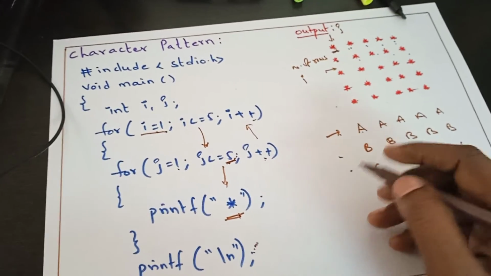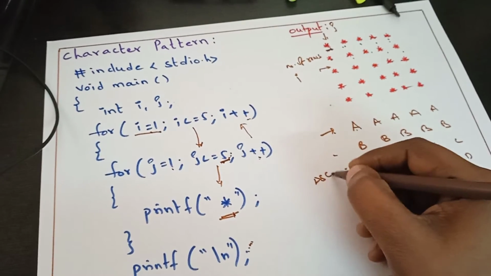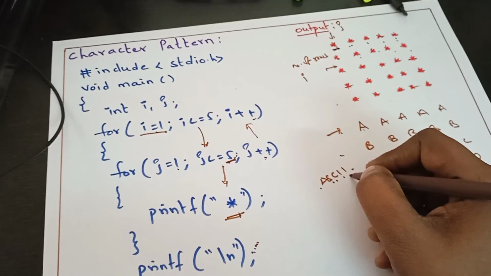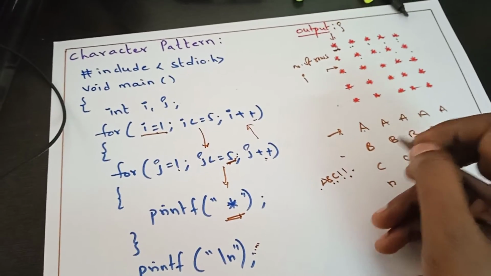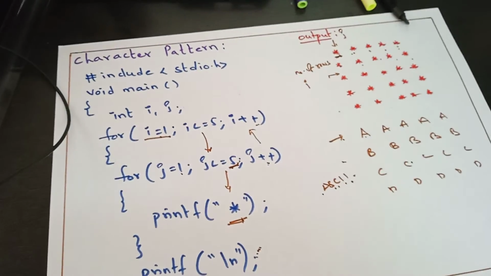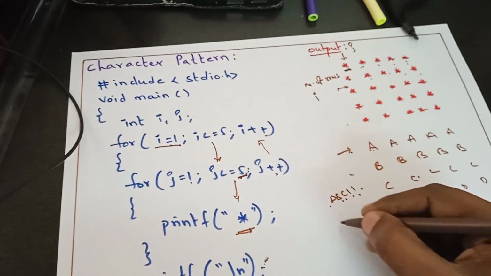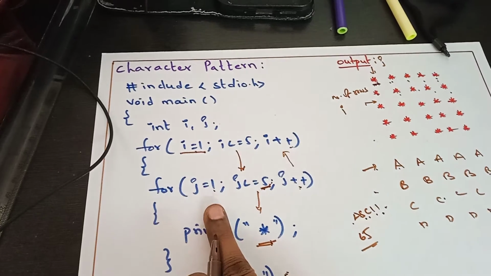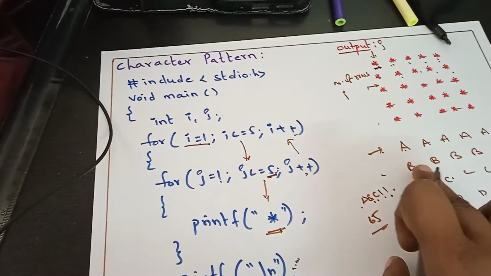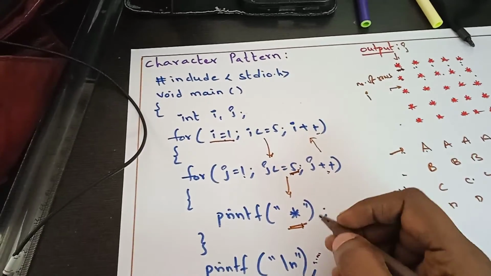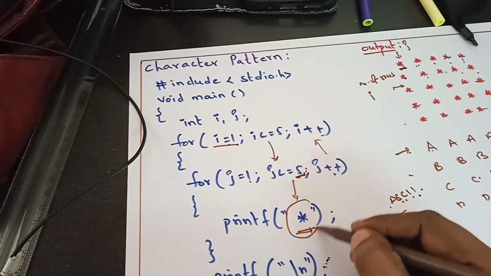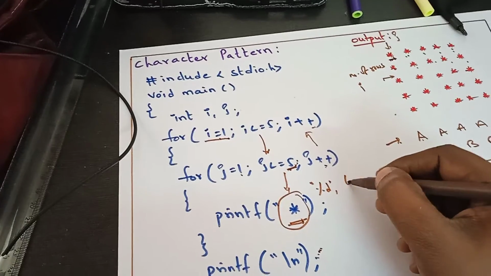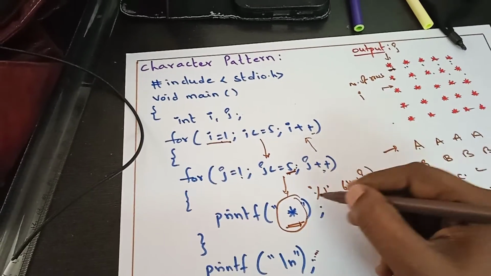That is, ASCII, American Standard Code for Information Interchange, has given character values to each alphabet, starting with 65. Now already j is equal to 1. To make the value 65, to display this A here, what do I have to add? This statement will get modified, and instead of writing this statement, we'll write 64 plus j.